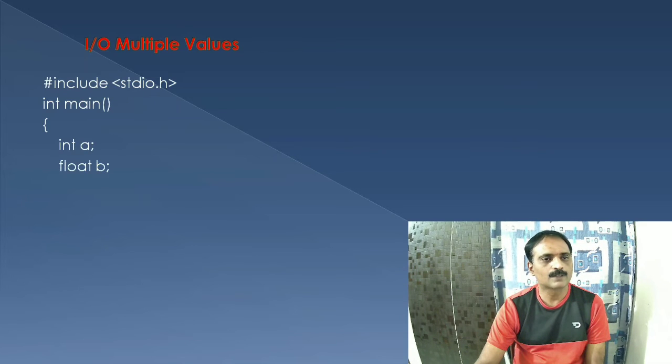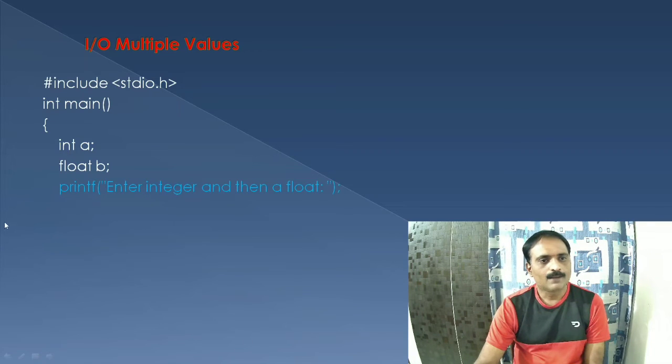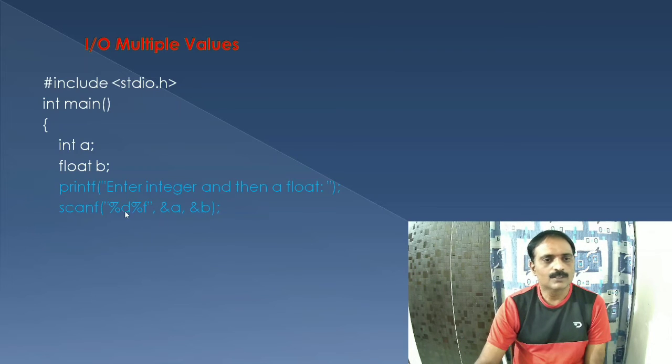Here I am declaring A as an integer and B as a real number, and printf. I am asking to display "Enter integer and then a float". Here in scanf, I am going to give two inputs simultaneously: %d for the integer and %f for the real.